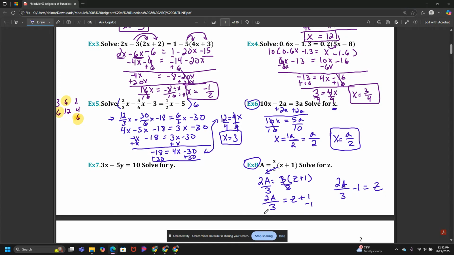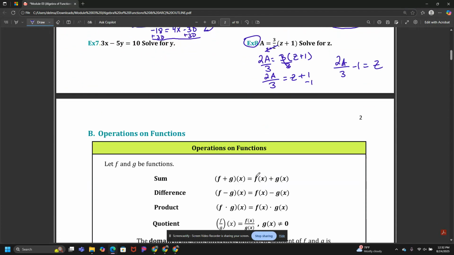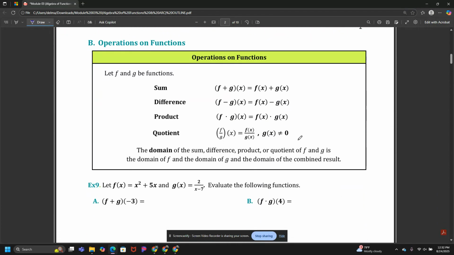Okay, so now let me bring my mouse. Operations of functions. Let f and g be functions. So here's how we find the sum, the difference, the product, and the quotient of functions. The domain of the sum, difference, product, or quotient is the domain of f and the domain of g, and the domain of the combined result.